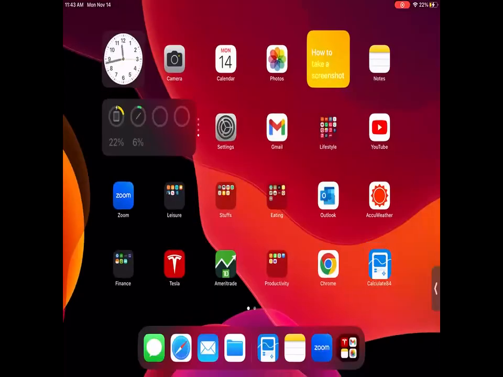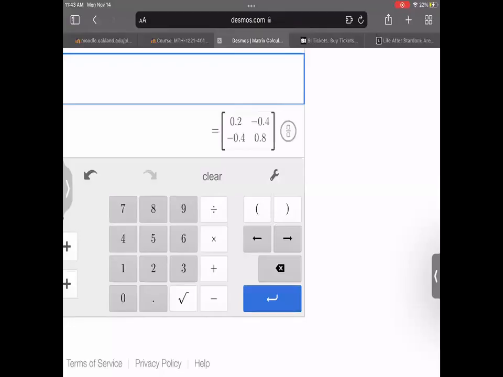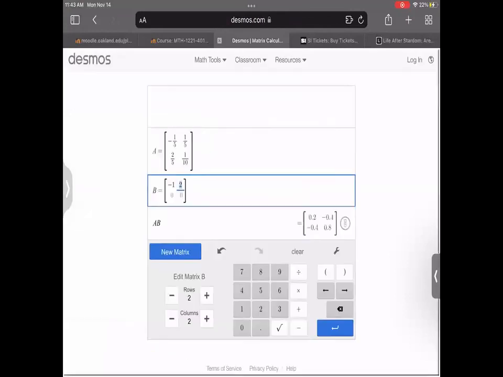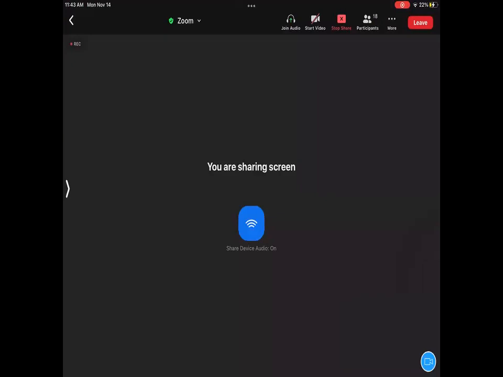But let me show you with the decimals. Next time in class, I will be able to show you with the calculator. This is the 3 by 3. Can someone read me the original matrix? Hang on, I think it's lagging again.